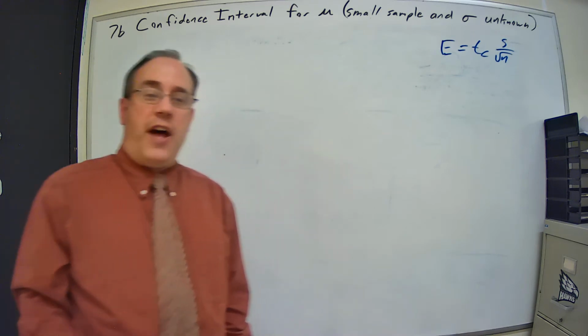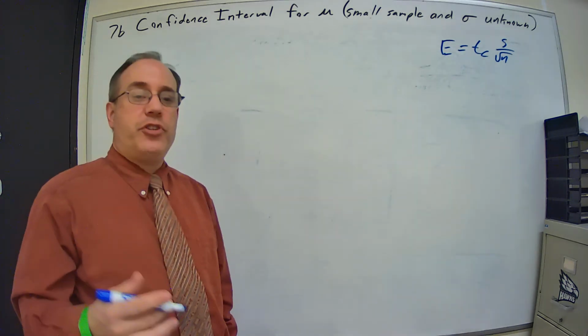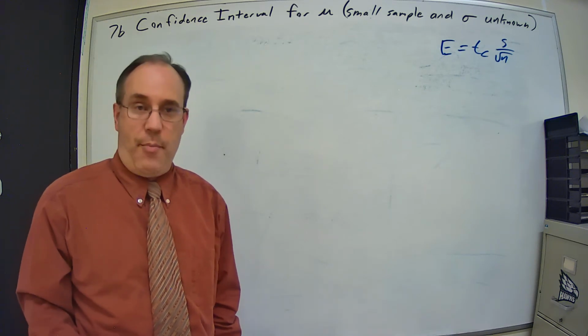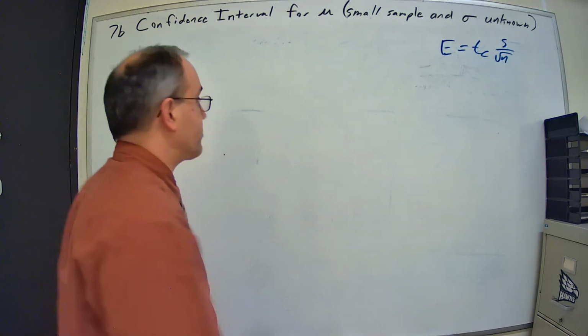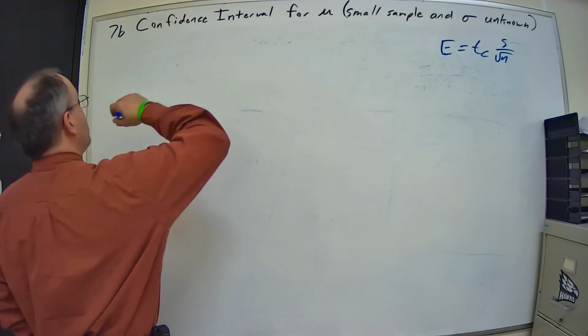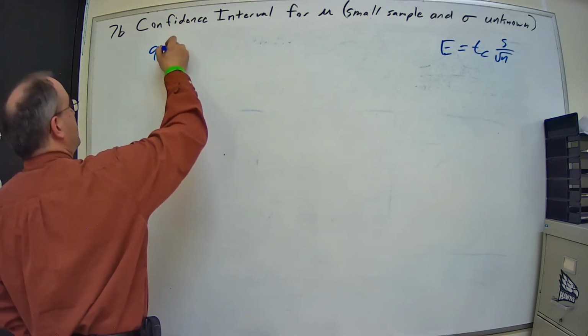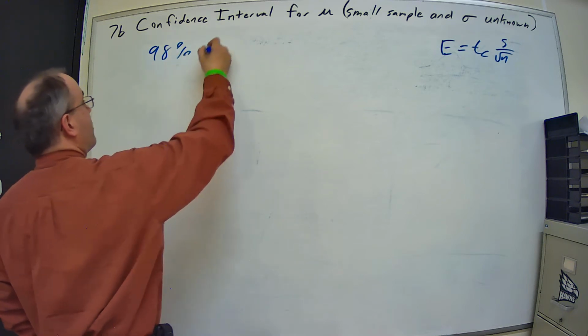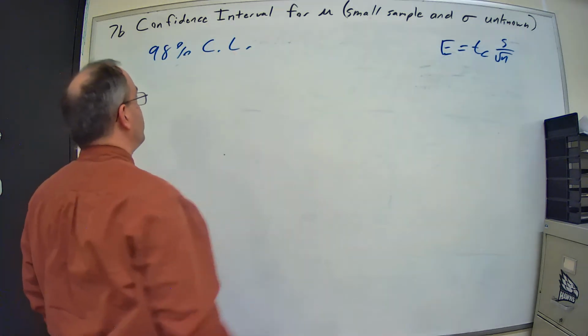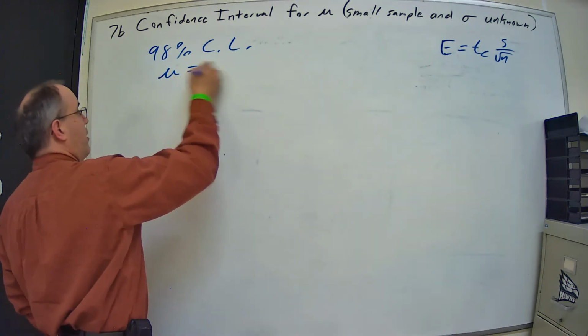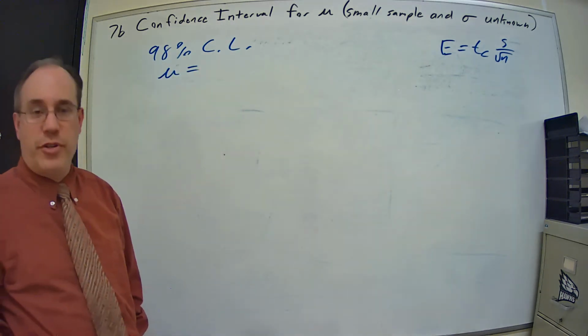We want to find the average time that it takes a student to complete an online stats exam. And we want to find that at a 98% confidence level. So we're looking for the population mean average time.